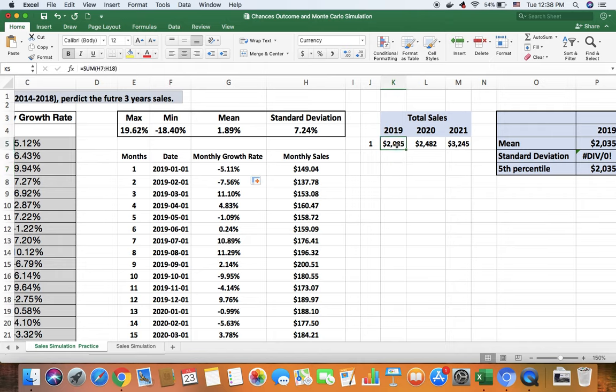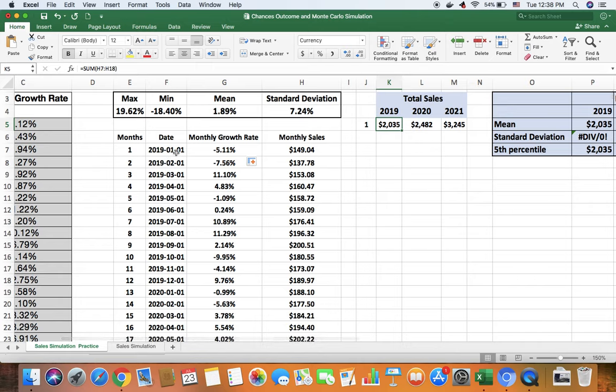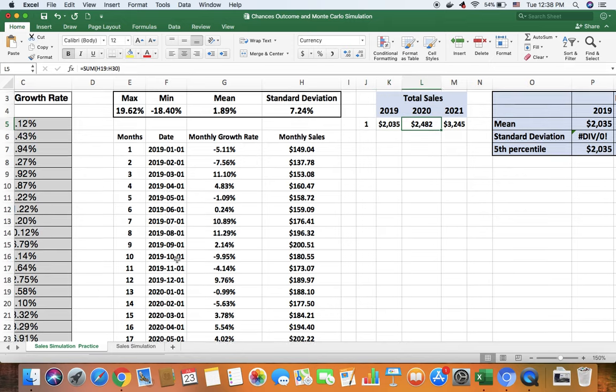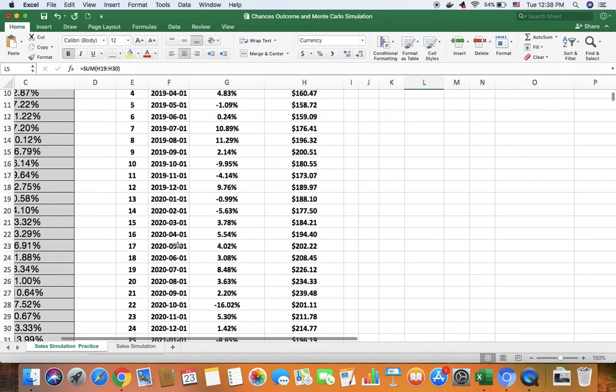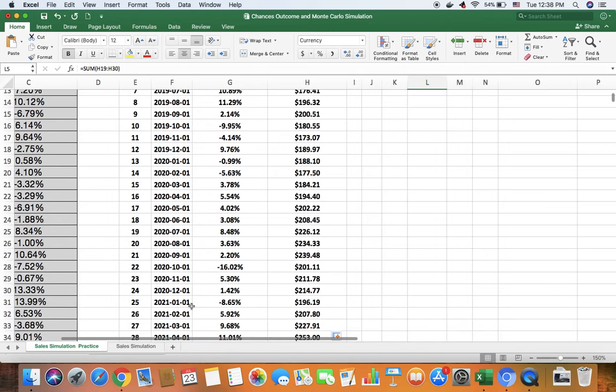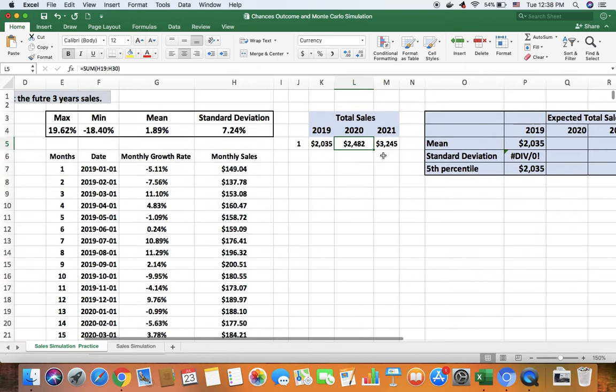If you click on this cell, you can tell how I got these total sales for every year. You just sum up the 12 months of 2019, and then sum up the 12 months of 2020. The same math for 2021.